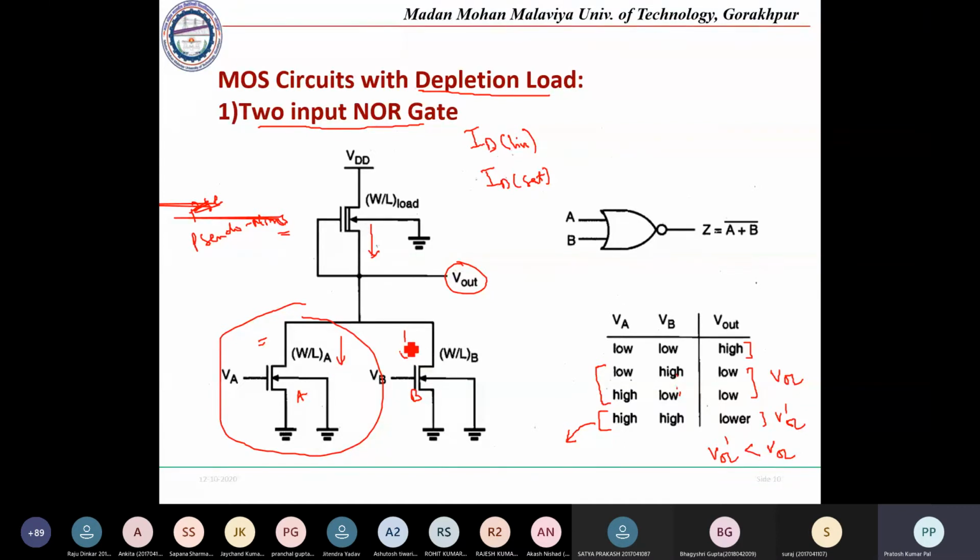While doing the analysis of the inverter, in all the cases we were basically equating the ID of the load to the ID of the driver transistor.